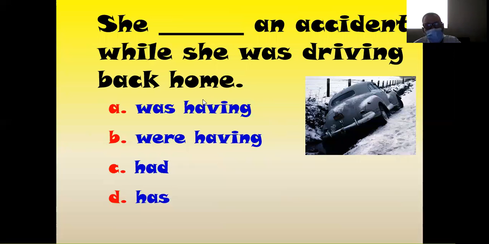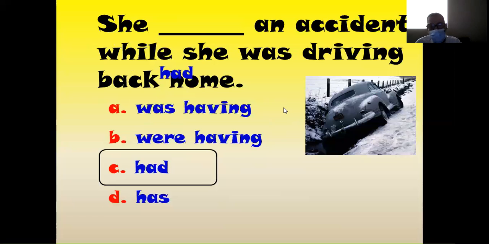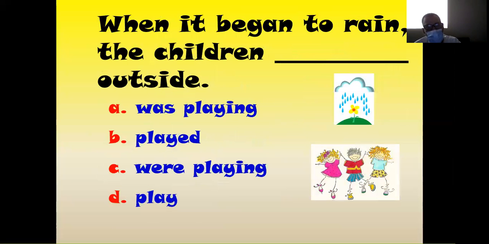She an accident while she was driving back. She had an accident, of course. She was driving and she had an accident. When it began to rain, the children outside were playing, of course.